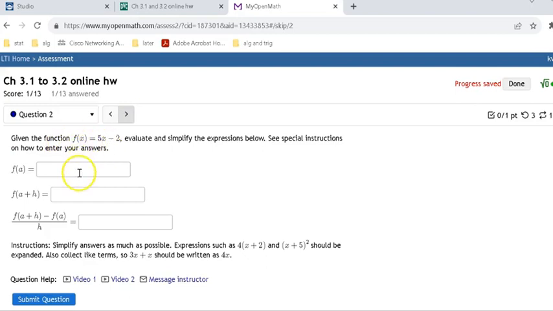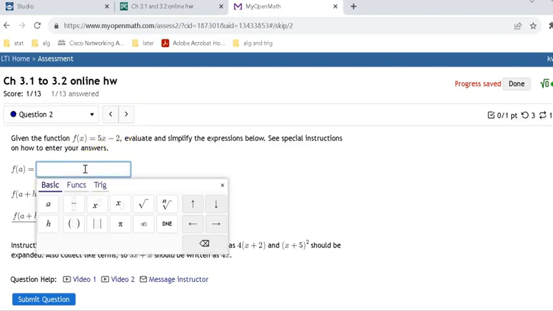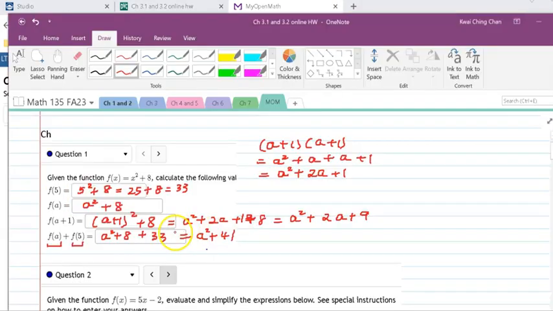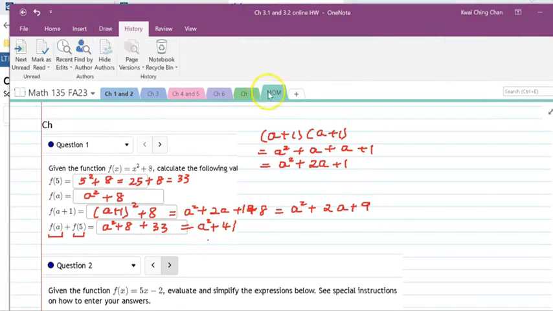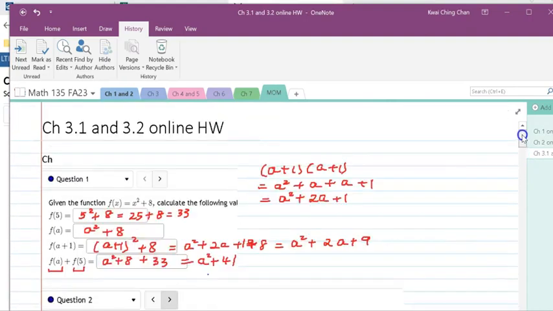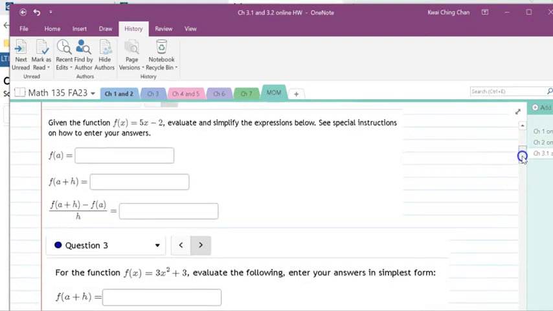So, more function notation. If f of x is 5x minus 2, simplify. What is f of a? Oh, this one I can just do because there's nothing to do. You just replace your x by a. F of a plus h, oh, I need some work, right? So I'm going to scroll down here. F of a we already did.